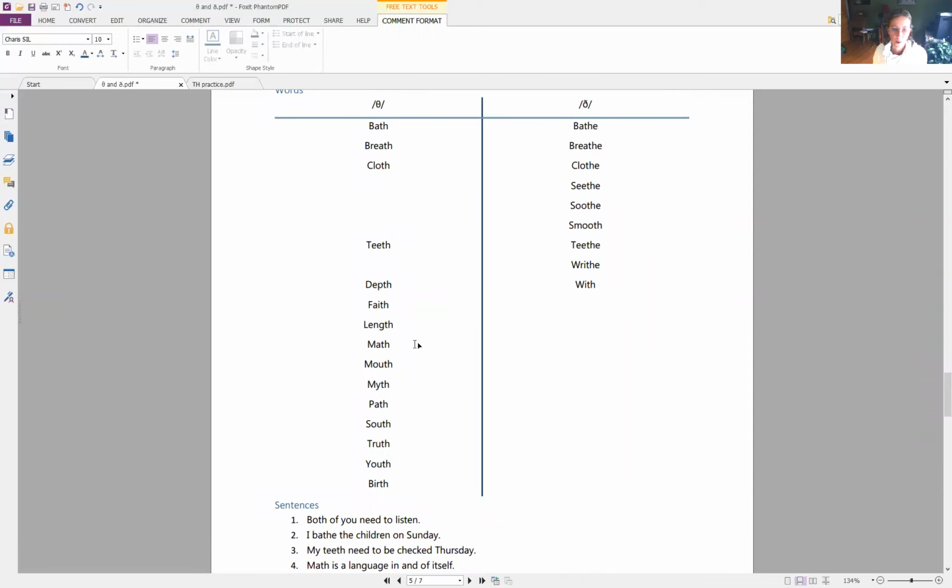I'm going to warm up with a word list: bath, breath, cloth, teeth, depth, faith, length, math, mouth, myth, path, south, truth, youth, birth. And you can see that placement every time. Bathe, breathe, clothe, seethe, soothe, smooth, teeth, writhe, with.